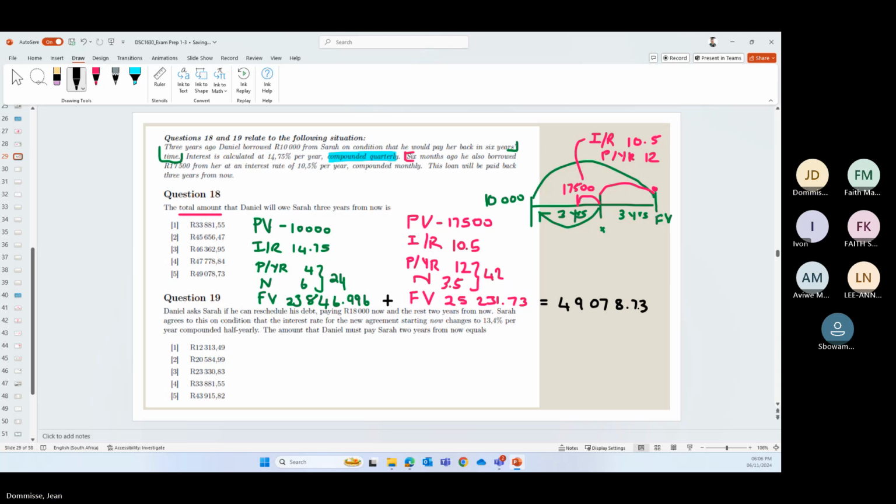That gives 49,078.73. Okay, so quite a long process because there are 2 components.